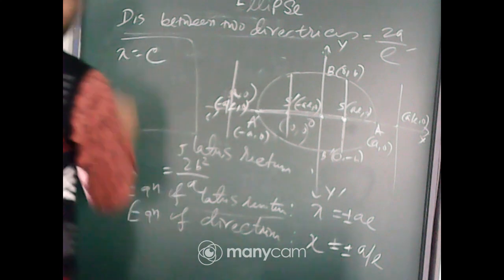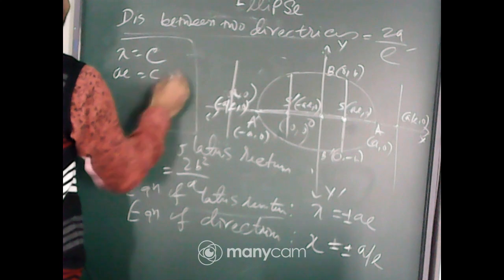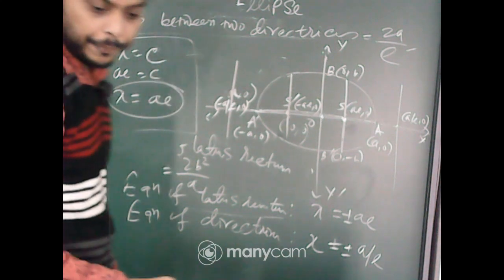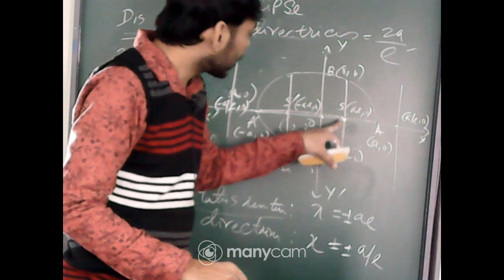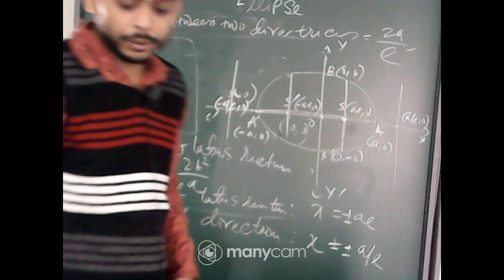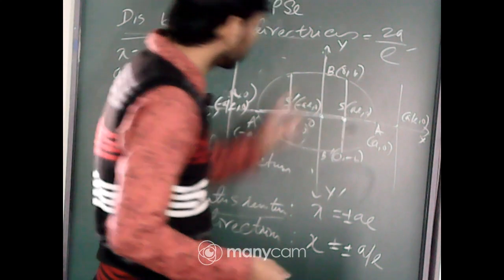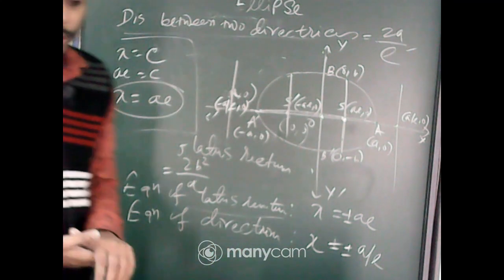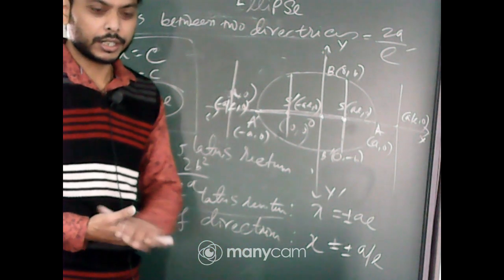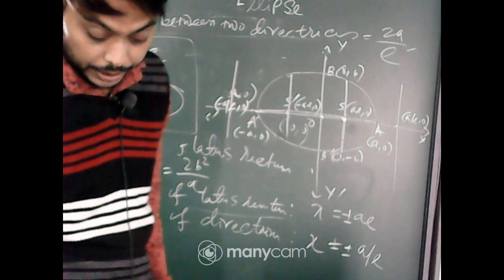Whenever it passes through a comma 0, a equals to c. So c equals to a. So you may write here x equals to a, for this latus rectum which is passing through S. There are two foci, one is S, another is S dash. Now it is clear, Krishnendu and Vishal? Okay. So these are the things you have to know.